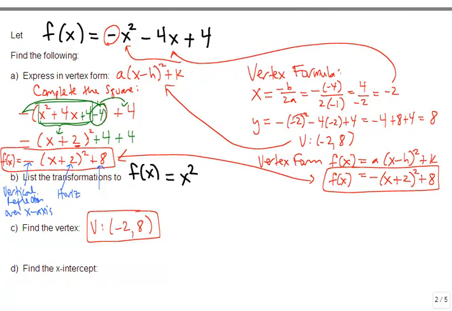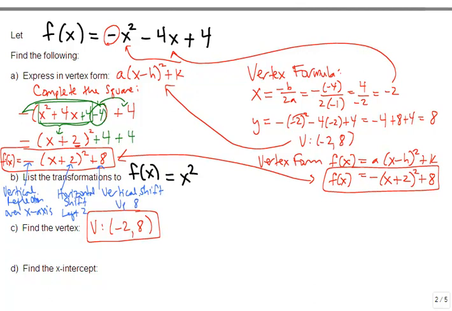And remember, horizontal shifts are backwards from what you would expect. So a plus 2 means you probably would think go to the right 2, but we actually are going to go left 2. And then finally the plus 8 on the end, because it's on the outside, that's a vertical shift. And because it's plus, this is going to go up 8.